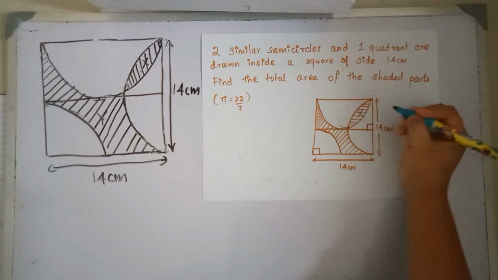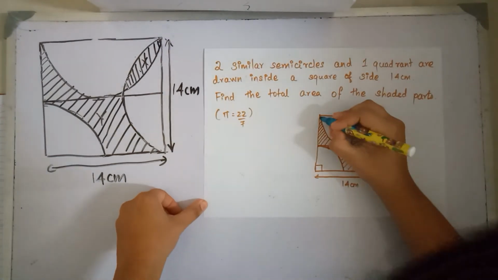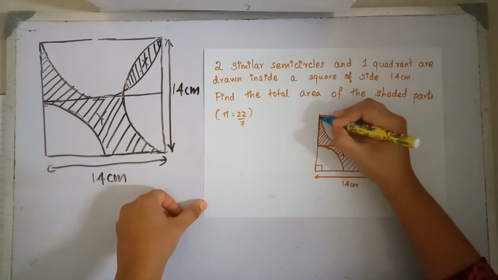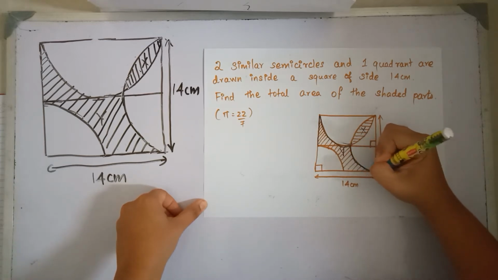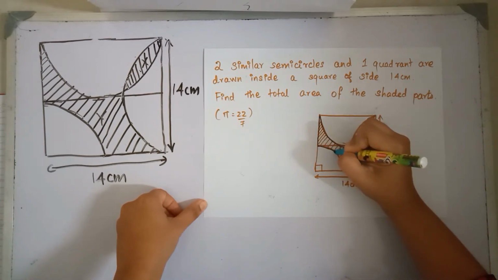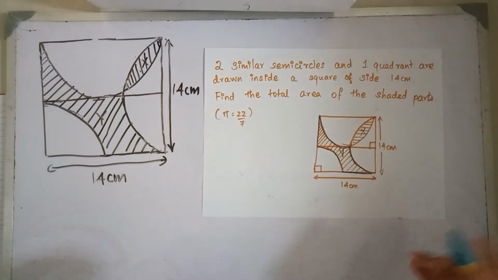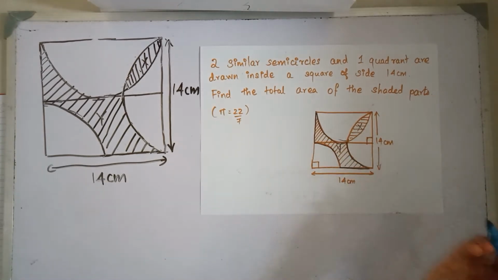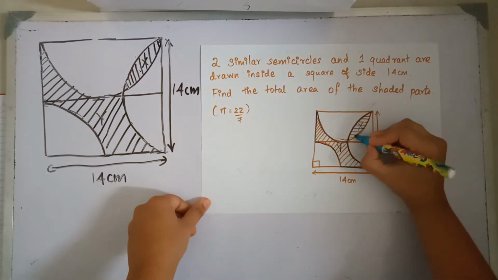This is X, this is Y. What is Y again? Y is this part. So when you divide into parts like this, it will be easier for you to not get confused by the diagram. So this is Y and this part is X.